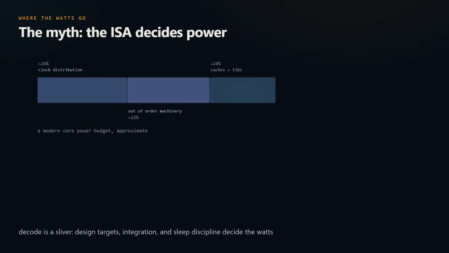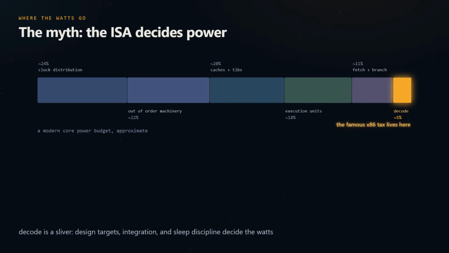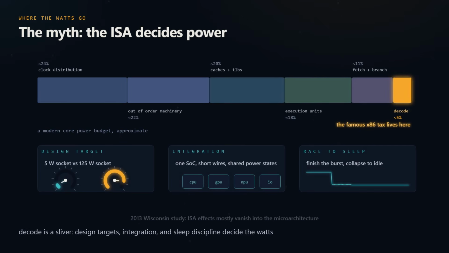Now the myth itself. Measure where a modern core actually spends its power. Clock distribution, the out-of-order machinery, caches and translation buffers, the execution units. Decode, the famous x86 tax, is a sliver, a few percent on a big core. A 2013 study at Wisconsin compared ARM and x86 chips head-to-head and found the instruction set largely disappears into the microarchitecture.